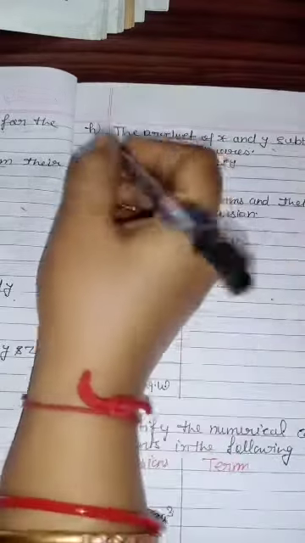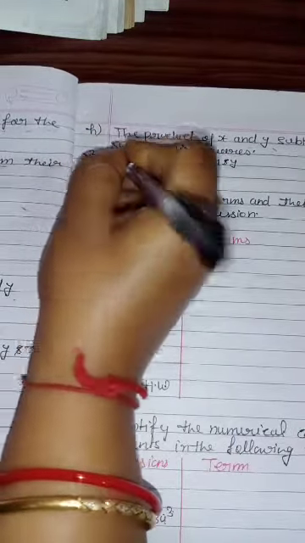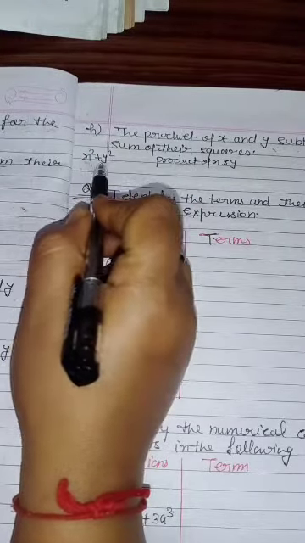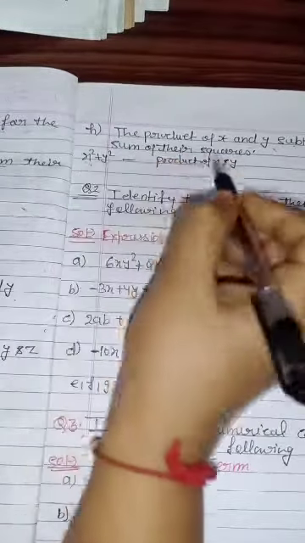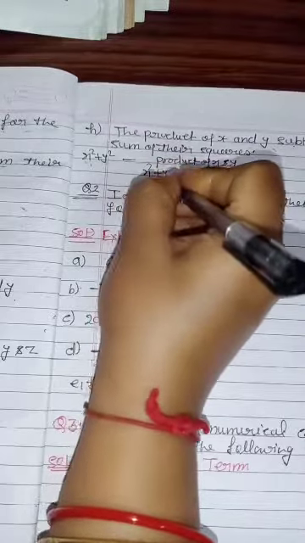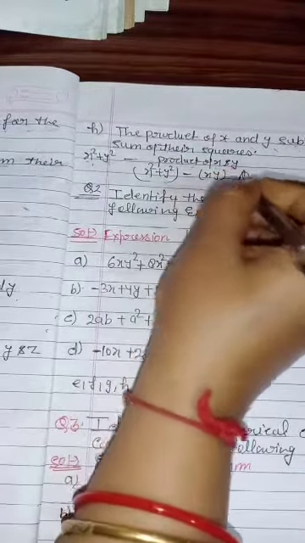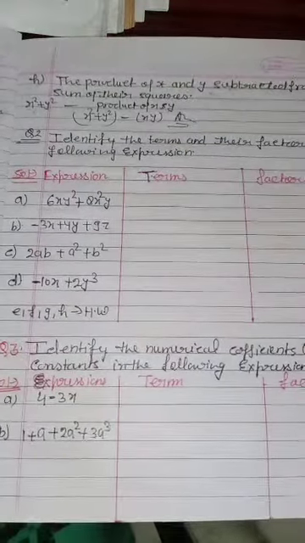Sum of their squares means x square plus y square. Sum means plus. From the sum of x square plus y square, subtracted means minus the product of x and y. So what will it become? X square plus y square minus xy. It will be your answer, okay.